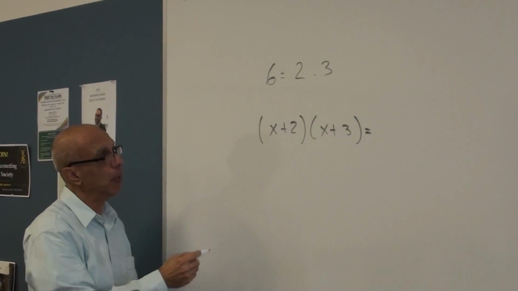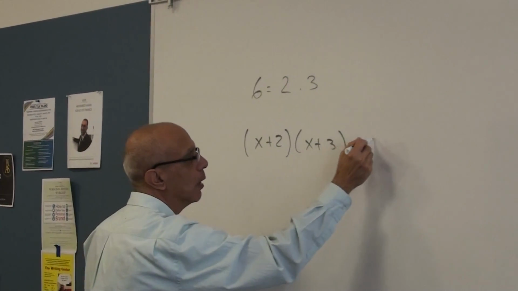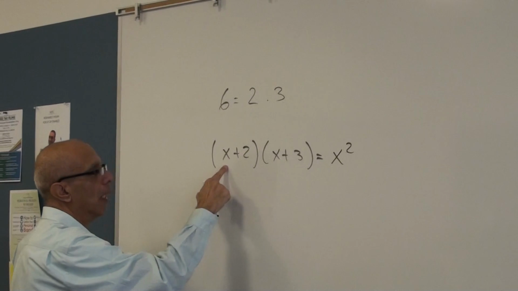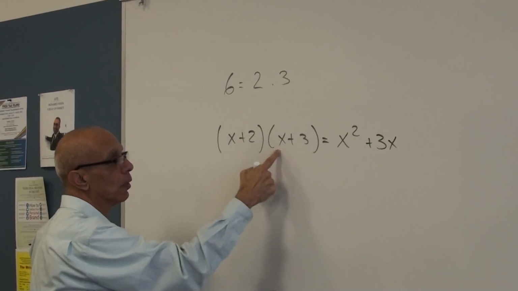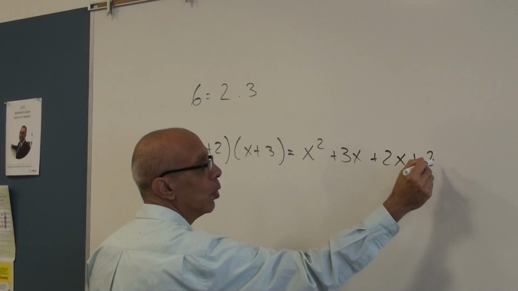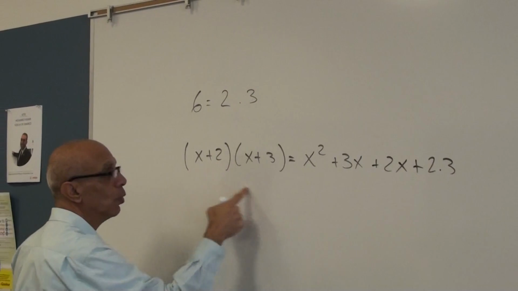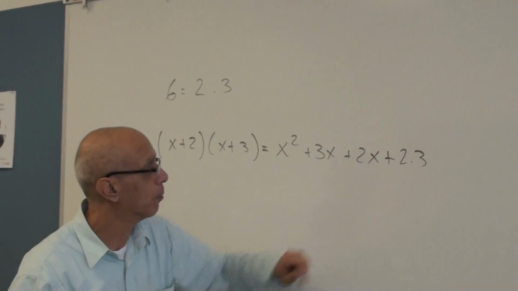To do that product, we use the FOIL method, right? So x times x is going to be x squared. X times 3 is going to be 3x. Then 2 times x is going to be 2x. And then 2 times 3, right? I'm going to leave this product like that on purpose.